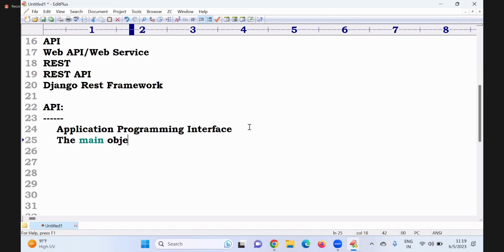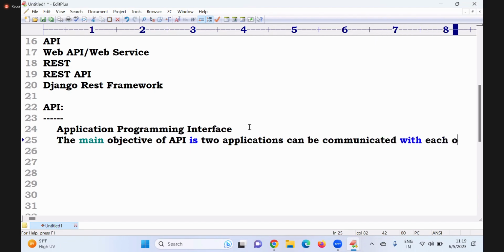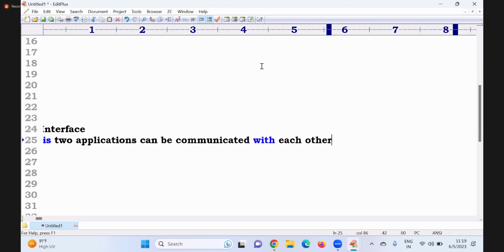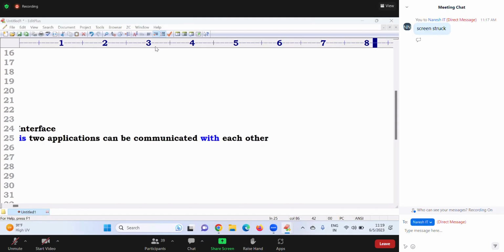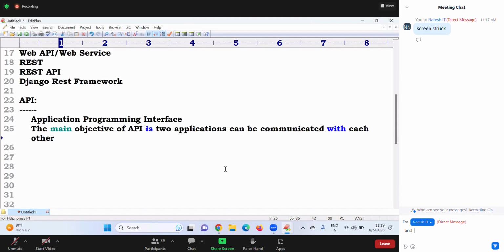The main objective of API is that two applications can communicate with each other. So two applications can communicate with each other.